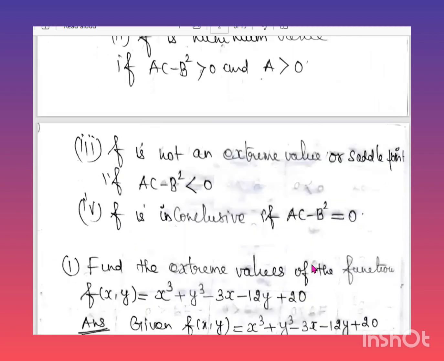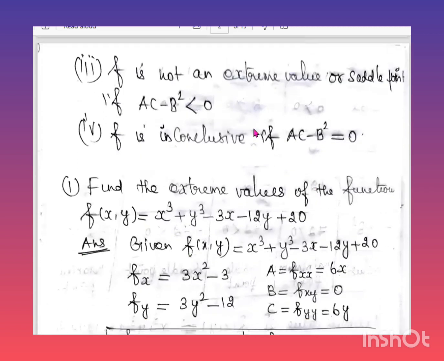Next, third condition is f is not an extreme value or it has a saddle point. When we are calling it as a saddle point, ac minus b square is less than 0. Fourth condition is f is inconclusive if ac minus b square is equal to 0.